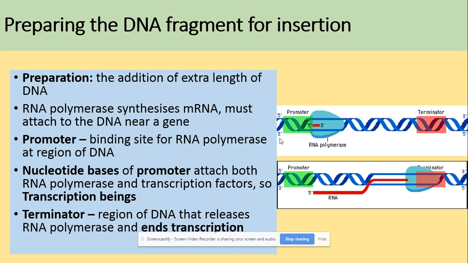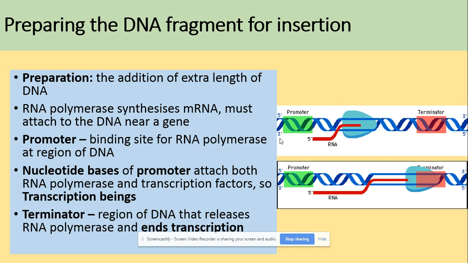So how can we prepare the DNA fragment for the insertion? We need extra length of DNA. We also need the RNA polymerase. We need a promoter, so it's a binding site for RNA polymerase on the region of DNA.